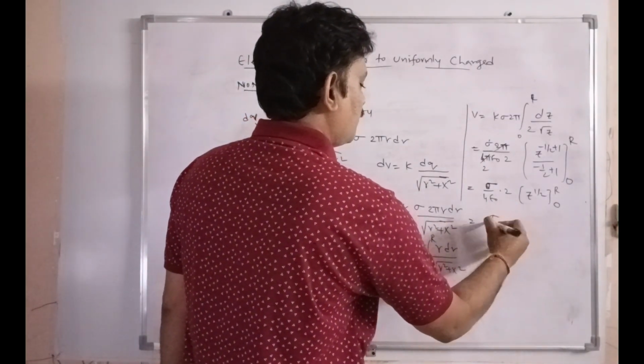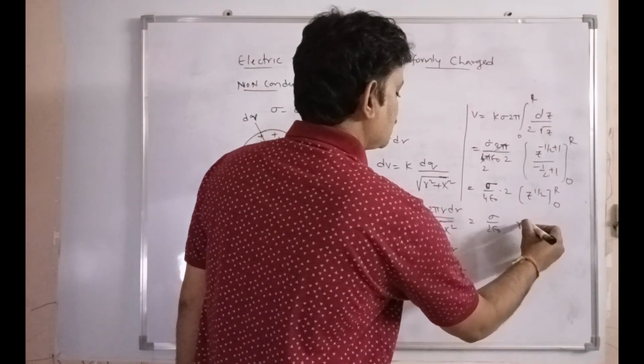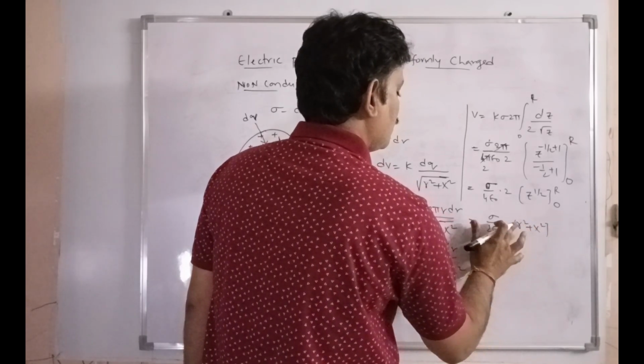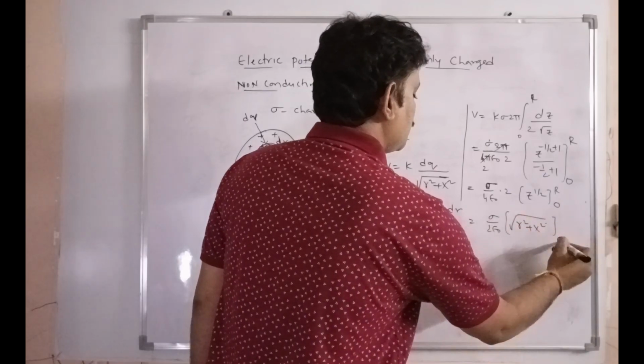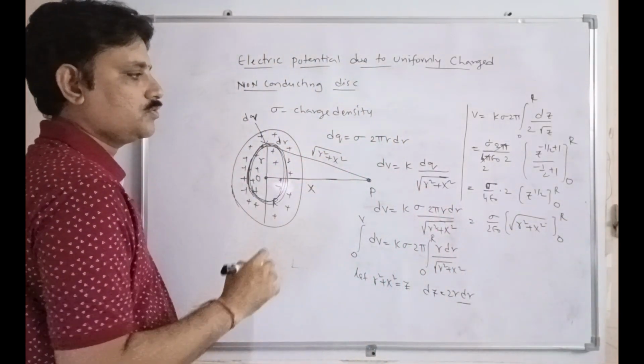And see, sigma by 2 epsilon naught into z power 1 by 2, where z means r square plus x square, whole power 1 by 2, is nothing but root r square plus x square. Apply the limits 0 and R. So finally substitute the limits.